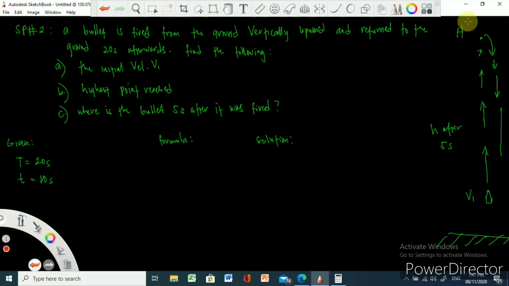Okay, so V1, height after 5 seconds, highest point H. This is the thing about physics class: even with just one given, 20 seconds, you can already describe the path taken by the bullet. Alright?